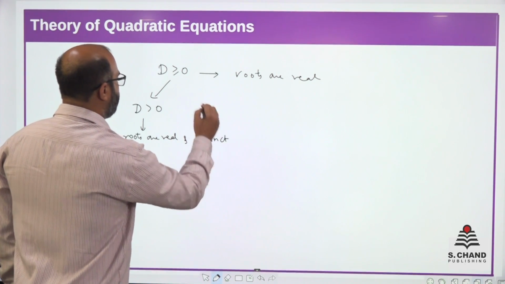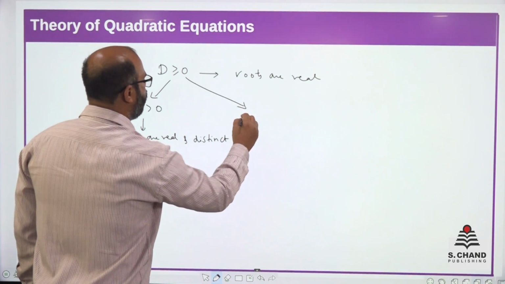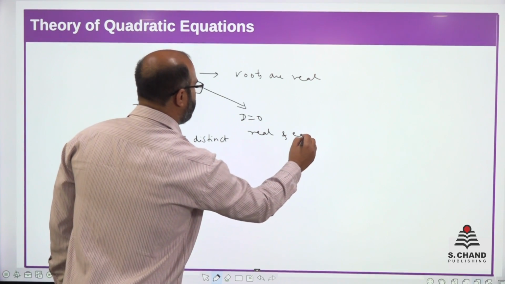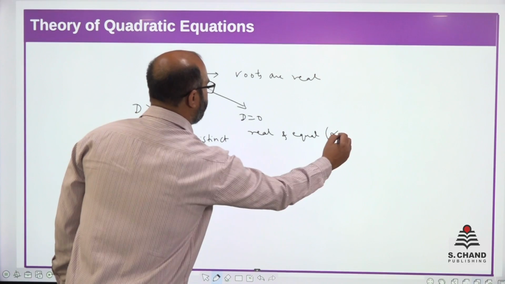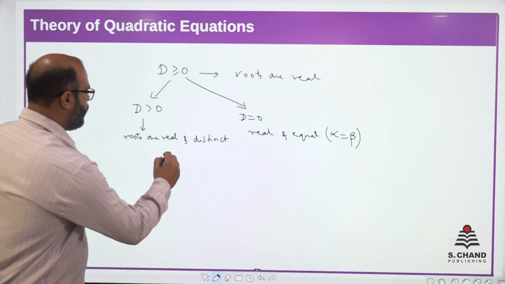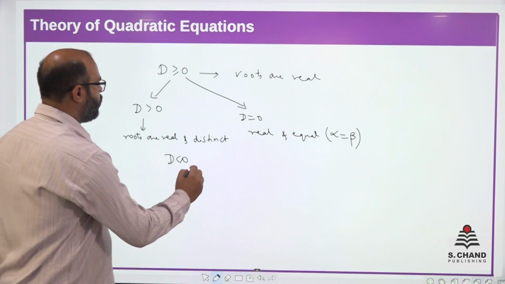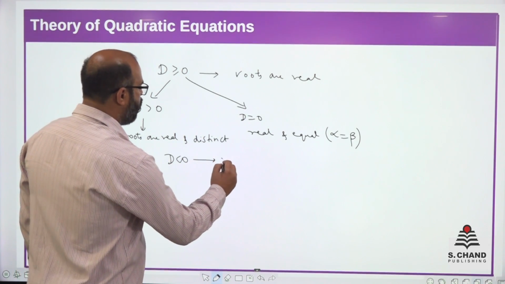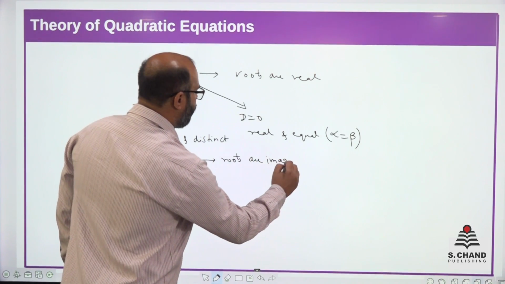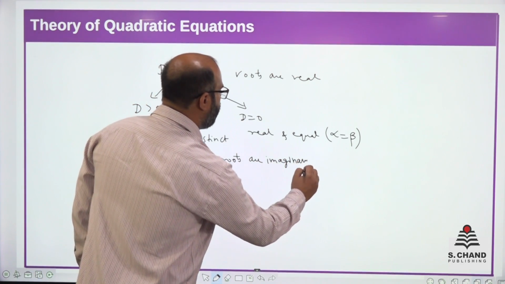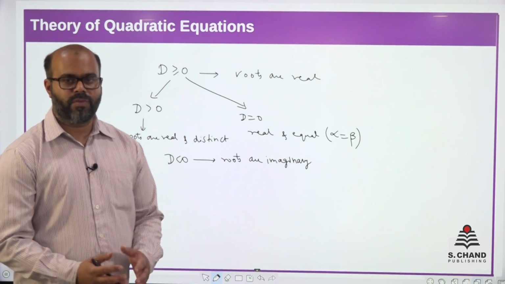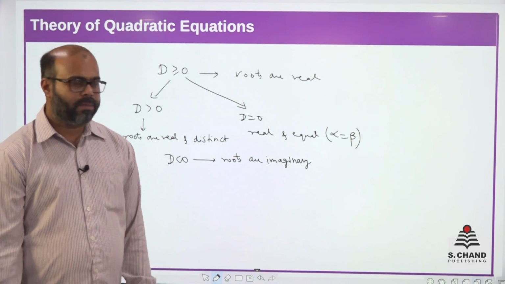If the discriminant is equal to 0, we say that the roots are real and equal, that is alpha and beta are the same, overlapping roots. Another condition would be discriminant less than 0. If the discriminant is less than 0, the roots are imaginary or complex roots with non-zero imaginary parts. Imaginary numbers we all know, we have studied in complex numbers.